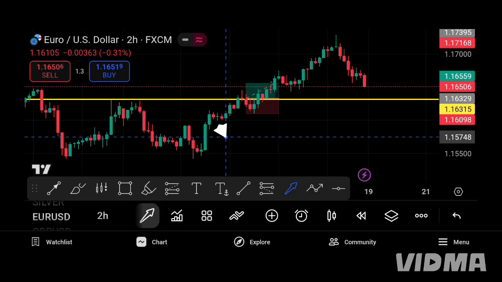Risk 1-to-1, because you are not a market mover. You don't know how the market moves. You have no guarantee that the market is going to move 1-to-3, 1-to-4.